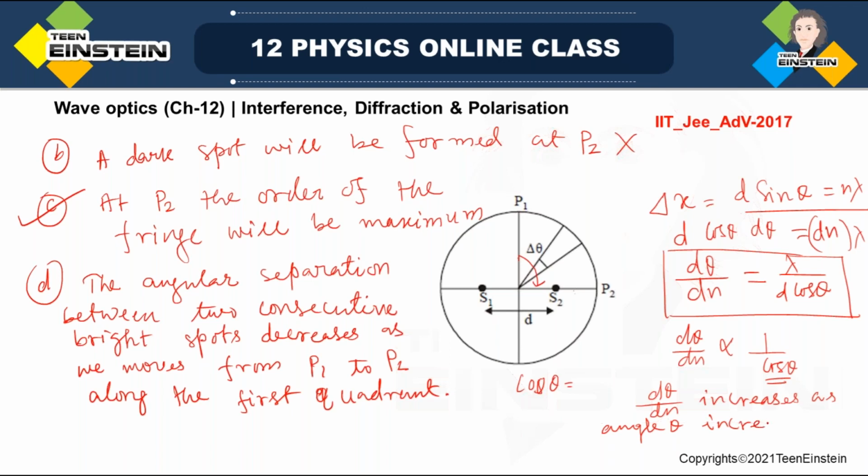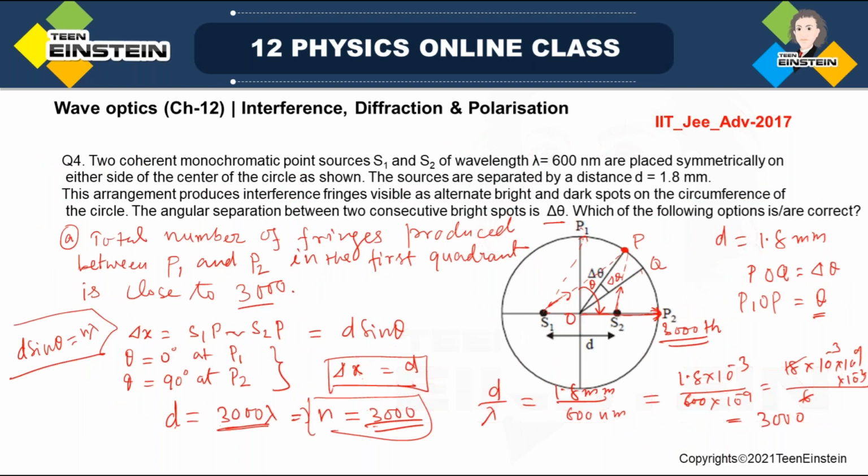Here the option said the angular separation between consecutive bright spots decreases as we move from P1 to P2. Moving from P1 to P2 means you are increasing theta. If you increase theta, the angular separation between two consecutive fringes will actually increase, not decrease. So this is also not correct. So A and C options are correct for this question.